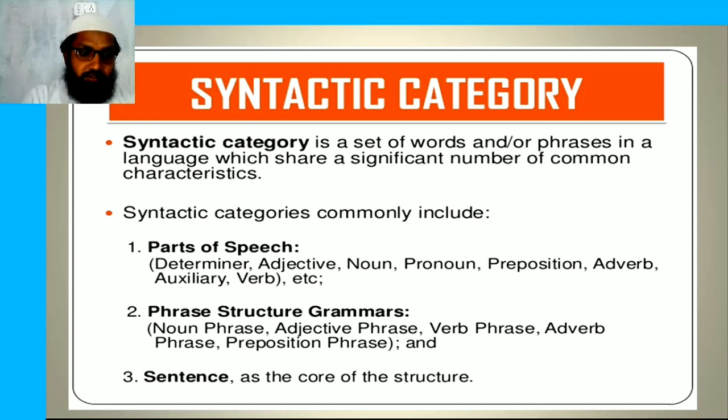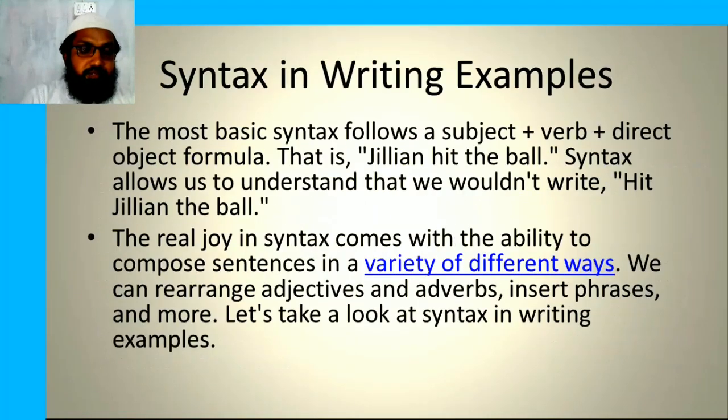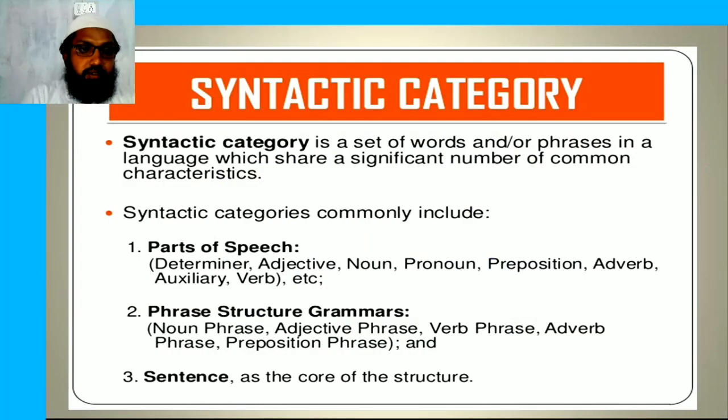These things are there. Second one is phrase structure grammars. Noun phrase, adjective phrase, verb phrase, adverb phrase, preposition phrase, and so on. Third one is sentence as a core of the structure.